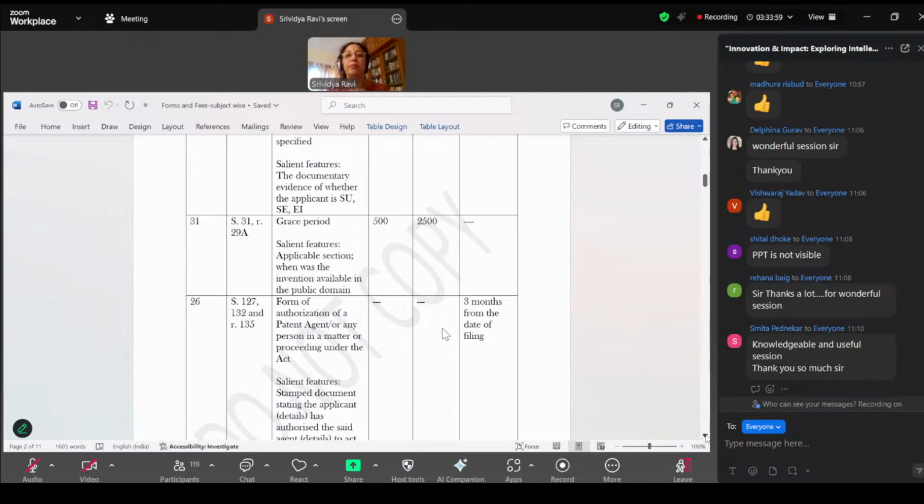So Form 31 is important because you file it along with your other documents, that is Form 1, 2, if required 28, and then 31.